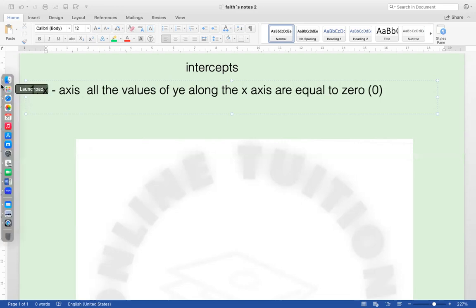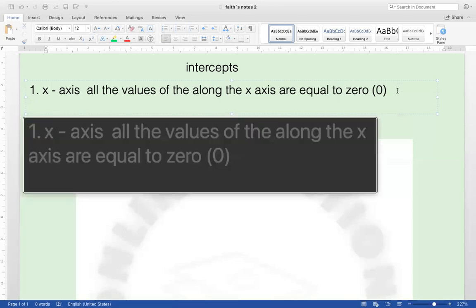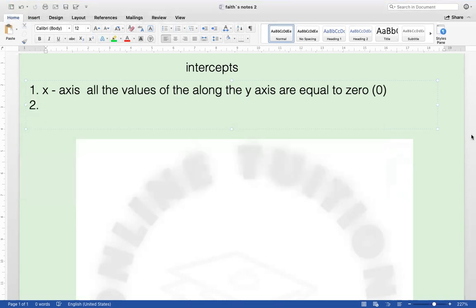Just know that in that equation that you have, wherever there are y values, you make sure that you equate that y value to 0, or where there is y, you put 0, and then you solve for x. I'm saying that whenever a graph is drawn, let's say, for instance, this is our graph here.